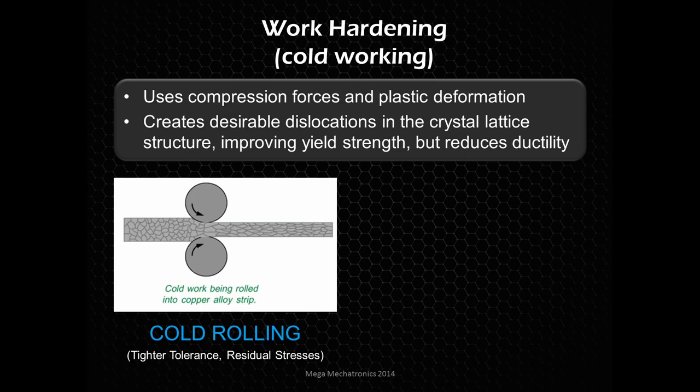The cold rolled material will hold tighter tolerances as stock, but it does contain residual stresses within it. So if you were to machine one side of that, the material will relax and move around and bend. So that is one disadvantage and something that you should be aware of.